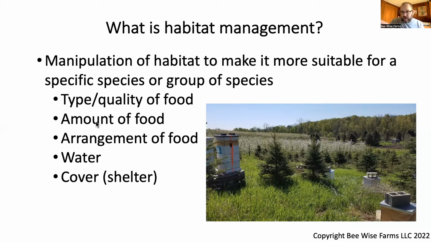So a specific organism you're trying to work with, or a group of organisms that oftentimes rely on the same sort of resources. Pollinators are a great example because your pollinators rely on two major resources. Well, in the form of food, nectar and pollen. And so if you are trying to support pollinators by creating habitat or managing habitat, you're working with a group of organisms, not a specific one.